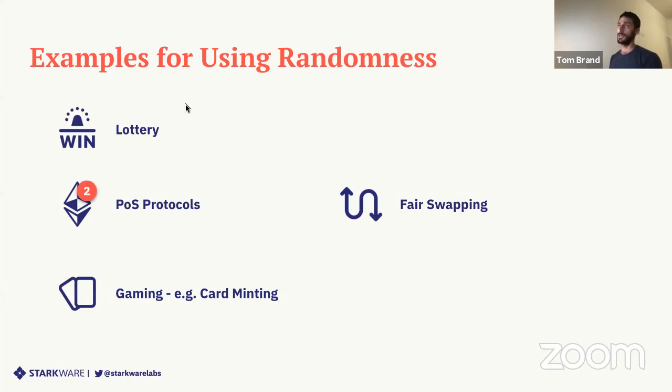So this is lottery. Another application is proof of stake protocols, for example, Ethereum 2.0. Those protocols, generally speaking, require randomness in order to choose a set of validators, and also to choose who is eligible to propose a block.